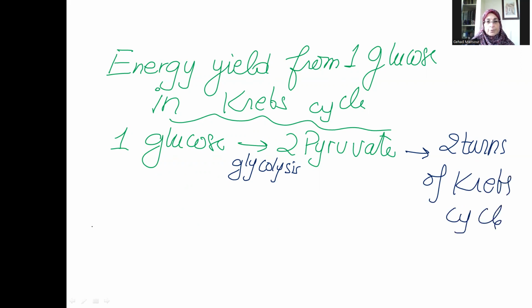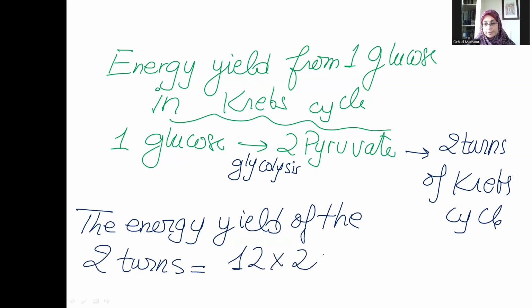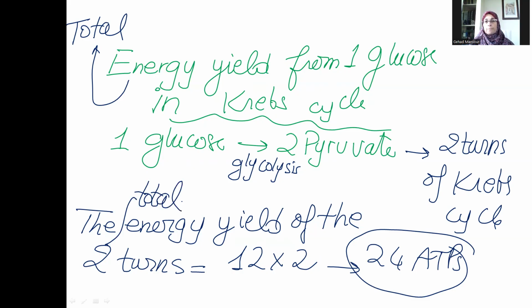And therefore, the energy yield of the 2 turns equals 12 multiplied by 2, which is 24 ATPs. But of course, we have to add here the total energy yield, okay?